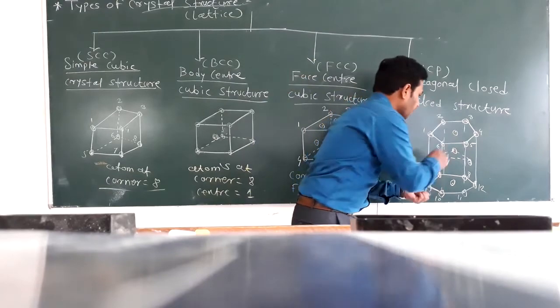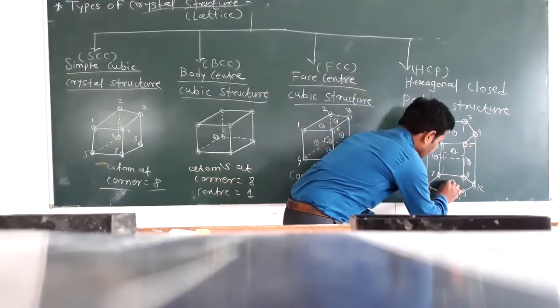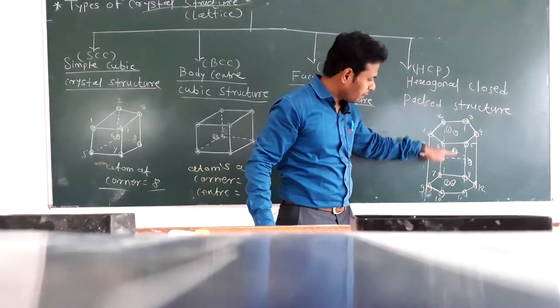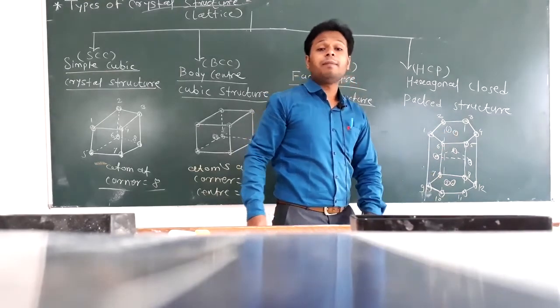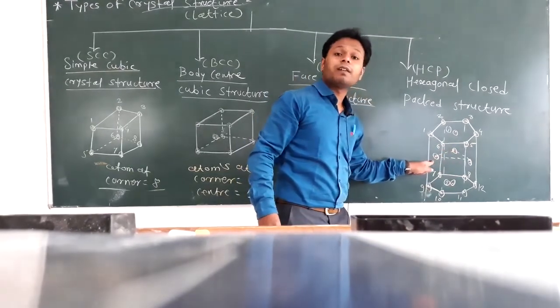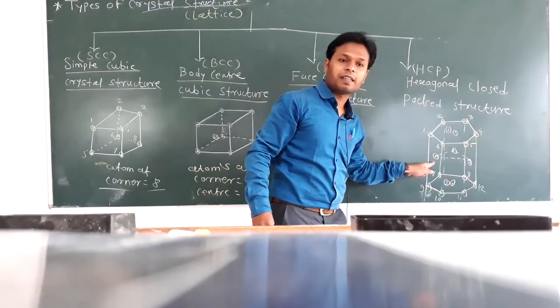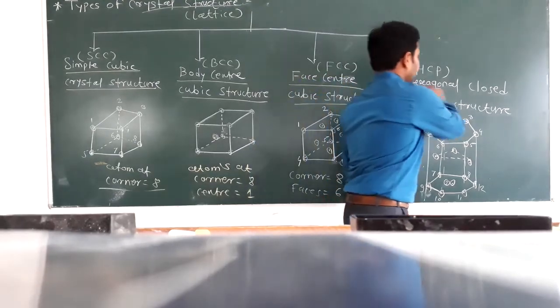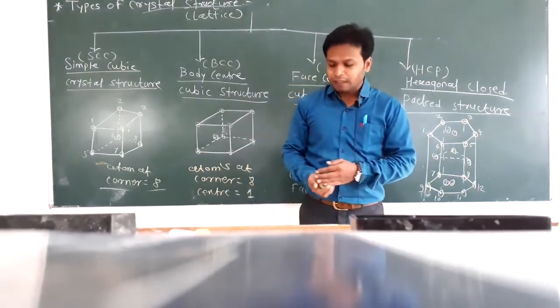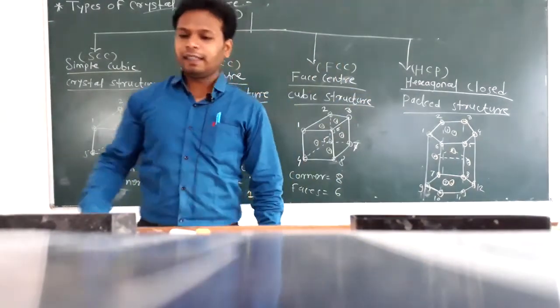This is number 1 and this is number 2. The 2 atoms are placed at the top surface and bottom surface, and the remaining 3 atoms are placed at the rhombus point of this hexagonal close packed crystal structure, known as hexagonal close packed crystal structure.